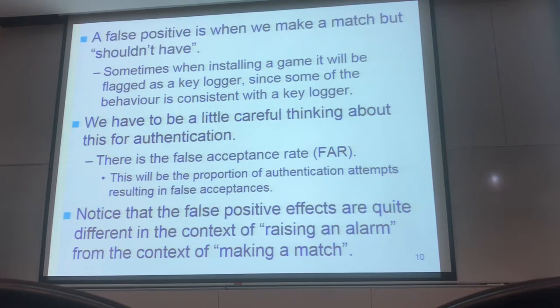As I mentioned just now, if you use a fingerprint to unlock your smartphone and it fails, this is a false negative. For a false positive, maybe you have a wrong credential, but the system will still accept it. We will see why this can happen, for example, in password-based authentication.